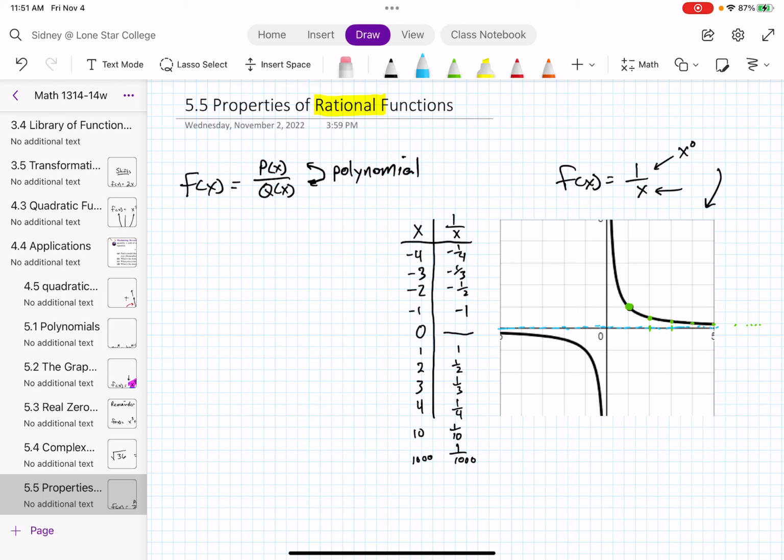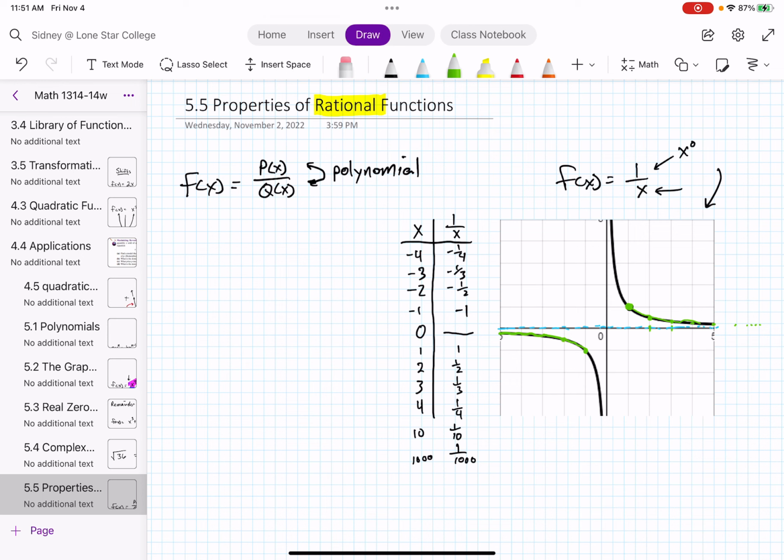It gets infinitely close without ever actually touching. This line will get infinitely close without ever actually touching. If we do from the negative side, you have negative 1, and then negative 1/2, and negative 1/3 does the same thing, negative values, and it's also getting infinitely close to the x-axis, but it's doing it from the bottom, from the negative side. And so it once again gets infinitely close.